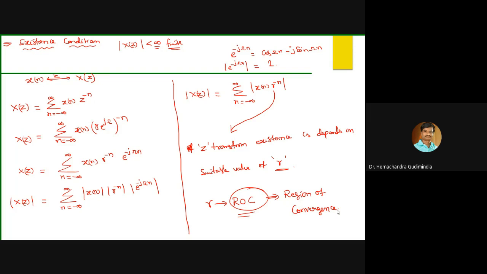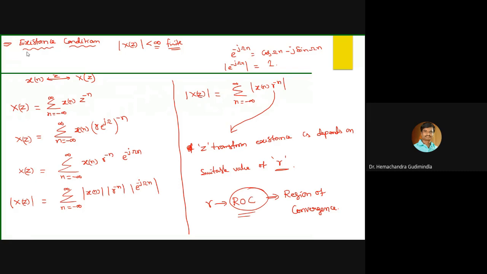Otherwise, it doesn't exist. Now we will see what is meant by region of convergence, ROC of Z transform. What is this ROC? It is the values of small r.